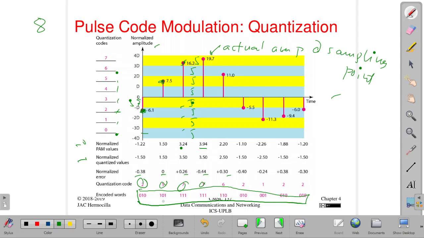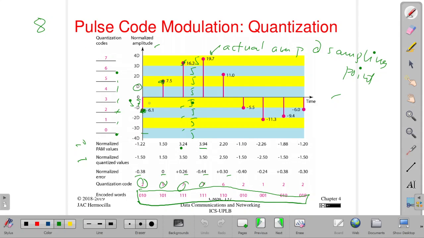So when saved, if this is your voice waveform, for example, when you save it, this will be the bit pattern. Okay, so D here is delta, okay? Delta, twice the delta, thrice the delta, 4 times the delta. Okay, so that's pulse code modulation.